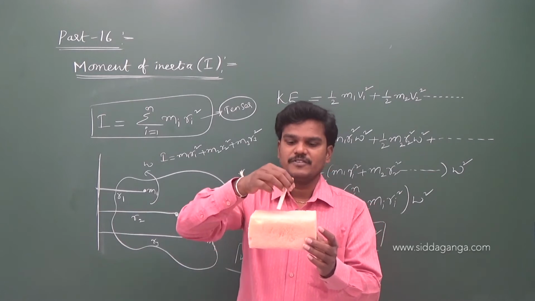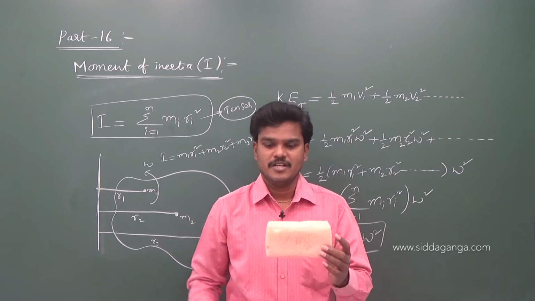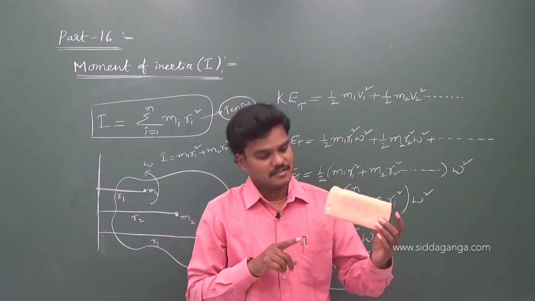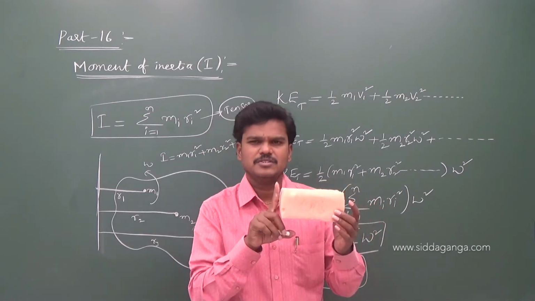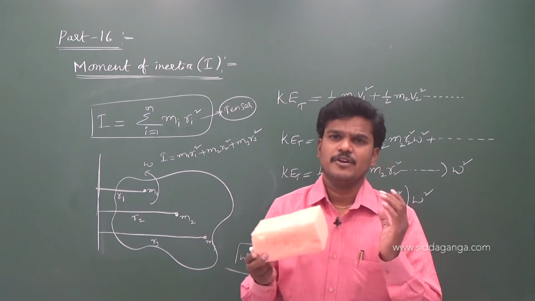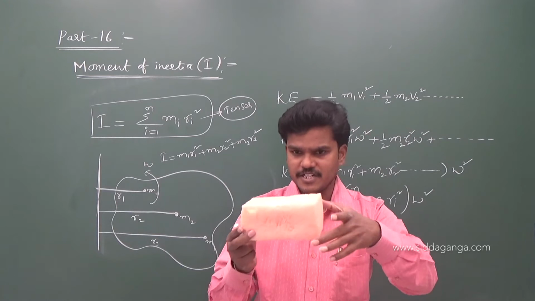If you find the moment of inertia about this direction, you will get one answer. If you find it about this line, we will get another answer, and one more about another. In different directions we are going to get different moments of inertia for this body.